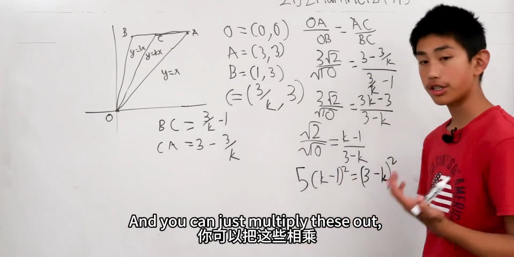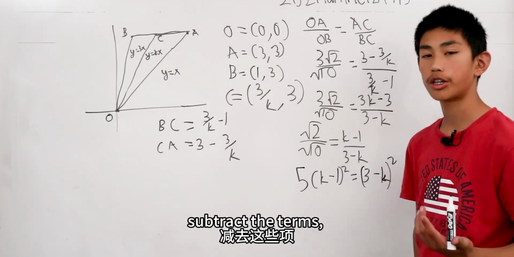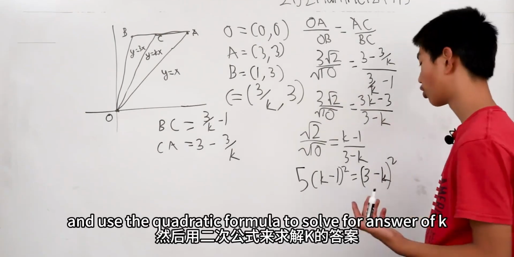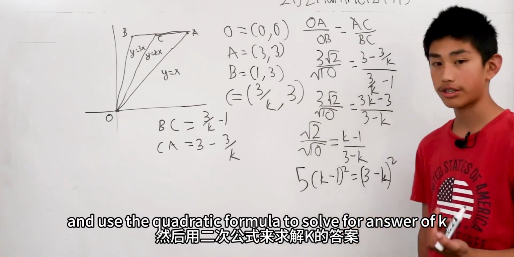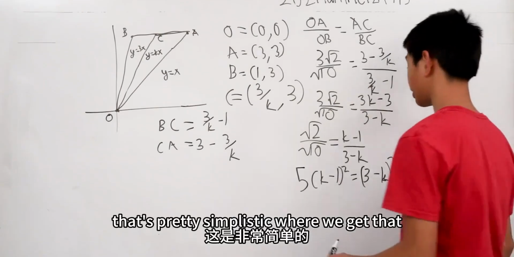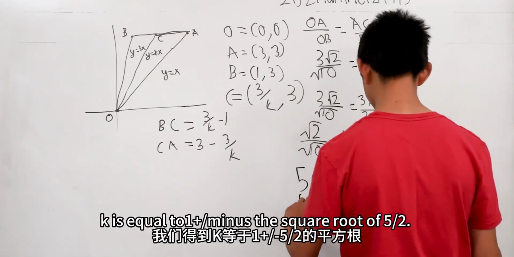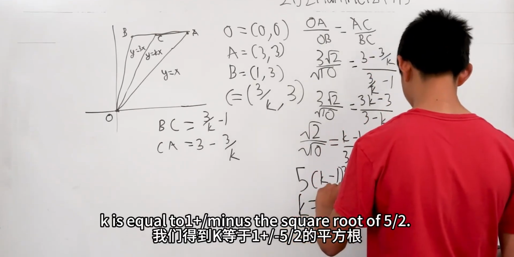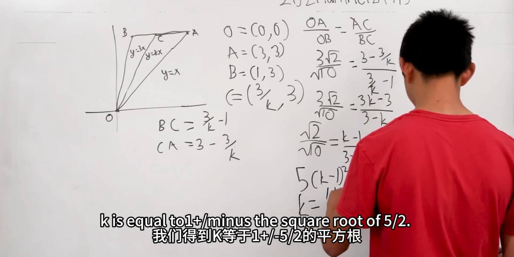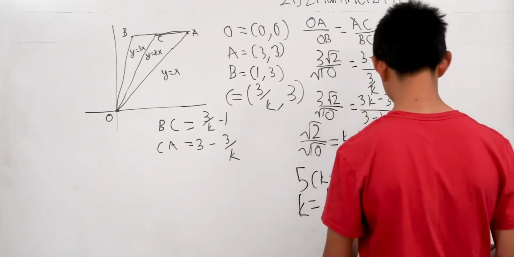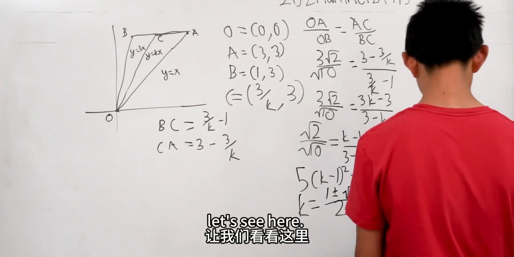And you can just multiply these out, subtract the terms, and use the quadratic formula to solve for k. That's pretty simple, where we get that k is equal to 1 plus or minus the square root of 5 over 2. Well, now, let's see here.